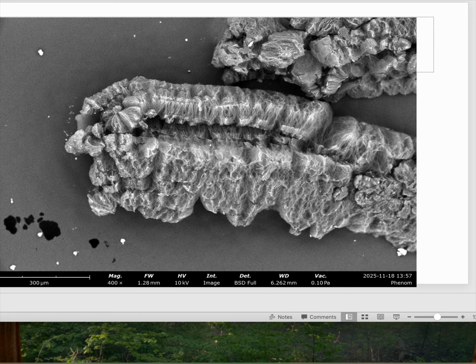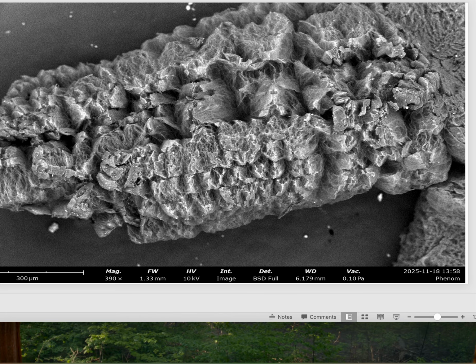And a final image to show you is magnification 300 times. It's a fascinating material. So when we have our composites, we'll be able to see the uniformity of deposition.